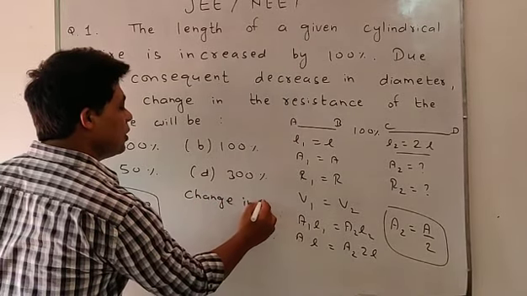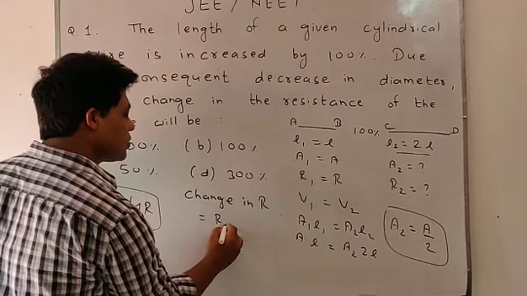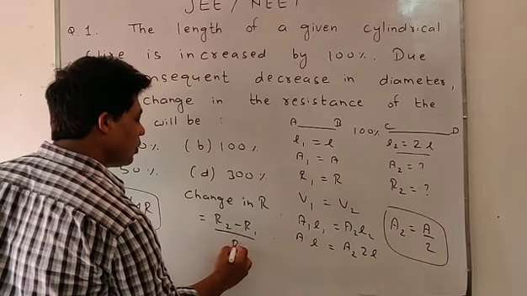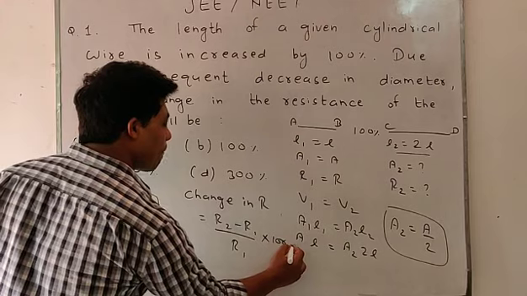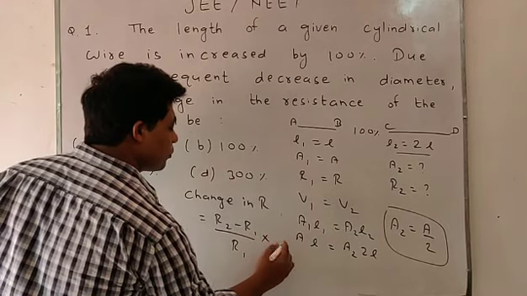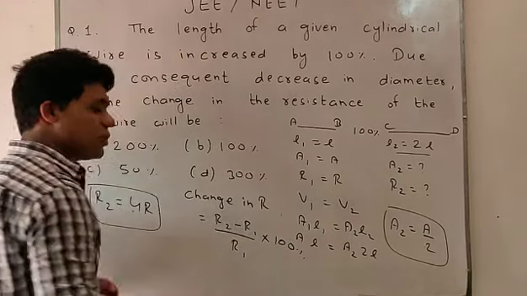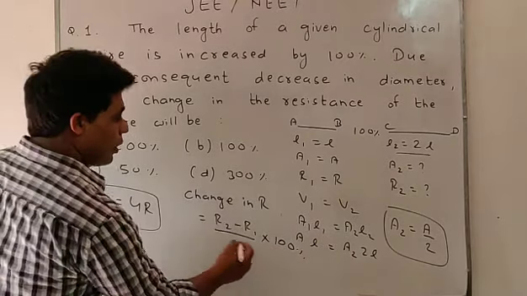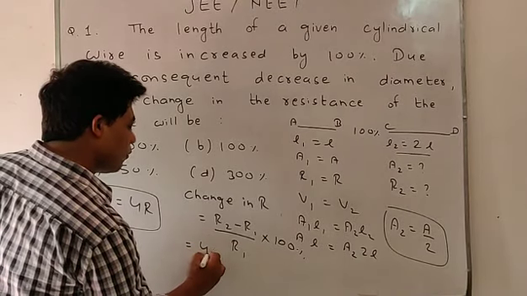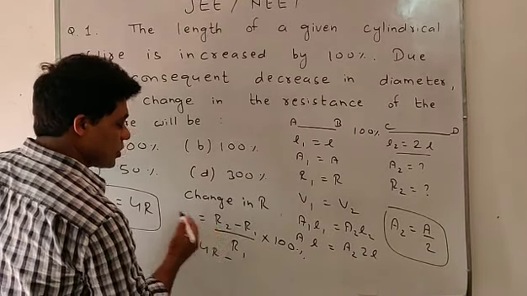Percentage change in resistance is R2 minus R1 upon R1 into 100%, that is final minus initial upon initial into 100%. R2 is 4R, the final resistance that we found.